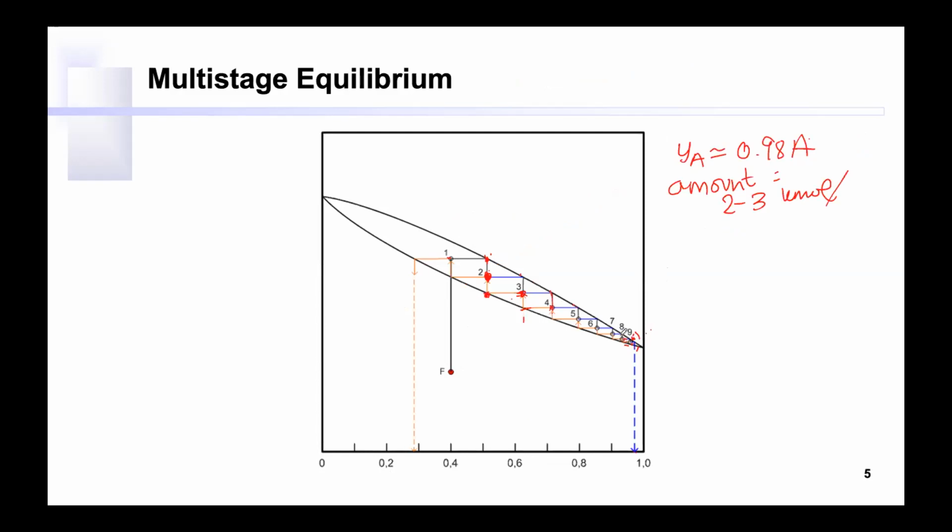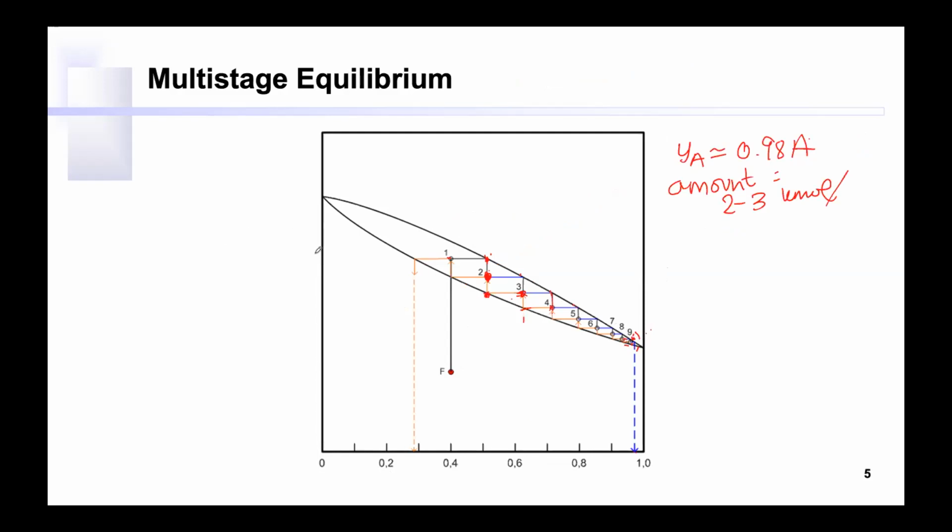The enthalpy of the vapor and liquid is mixed together, so the heat in the vapor is cooled down by the enthalpy in the liquid.